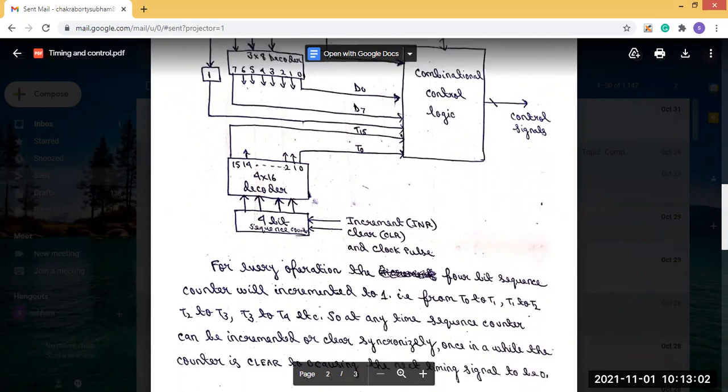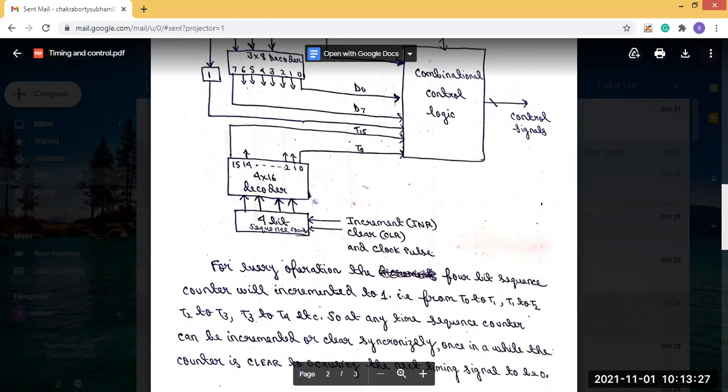Now, at any time, the sequence counter will be incremented or cleared synchronously. Increment is an operation of the sequence counter, so the increment operation will be performed, and it will also be cleared synchronously.